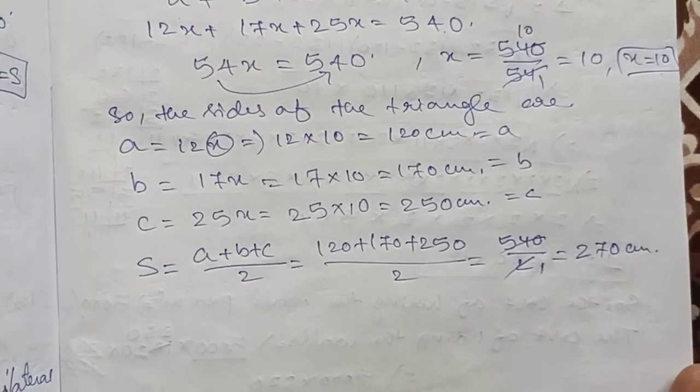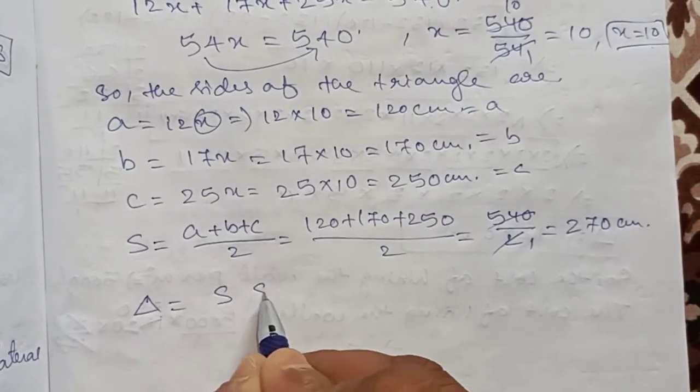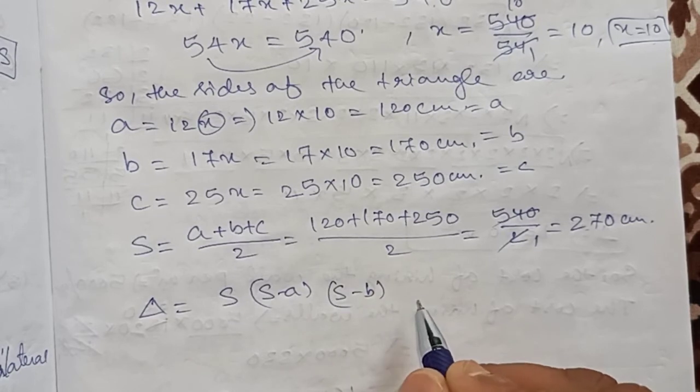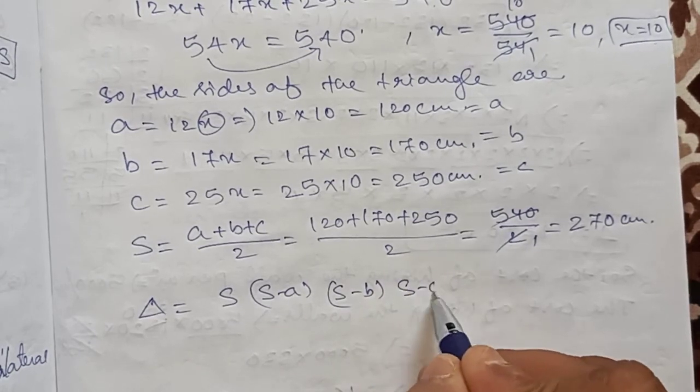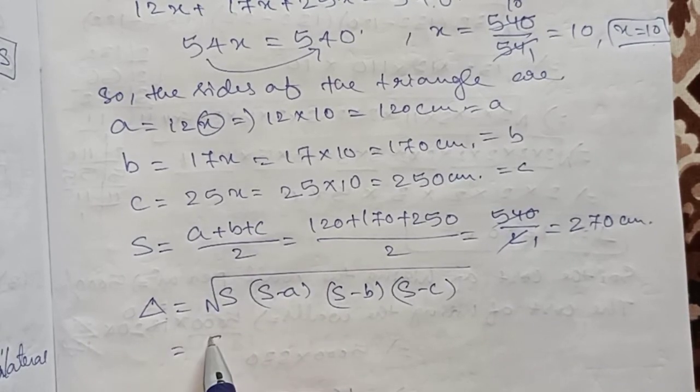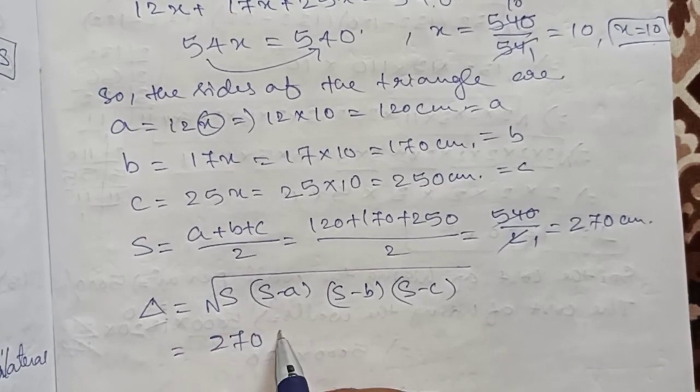Now we will use Heron's formula. Area equals square root of S times (S minus A) times (S minus B) times (S minus C). S is 270.